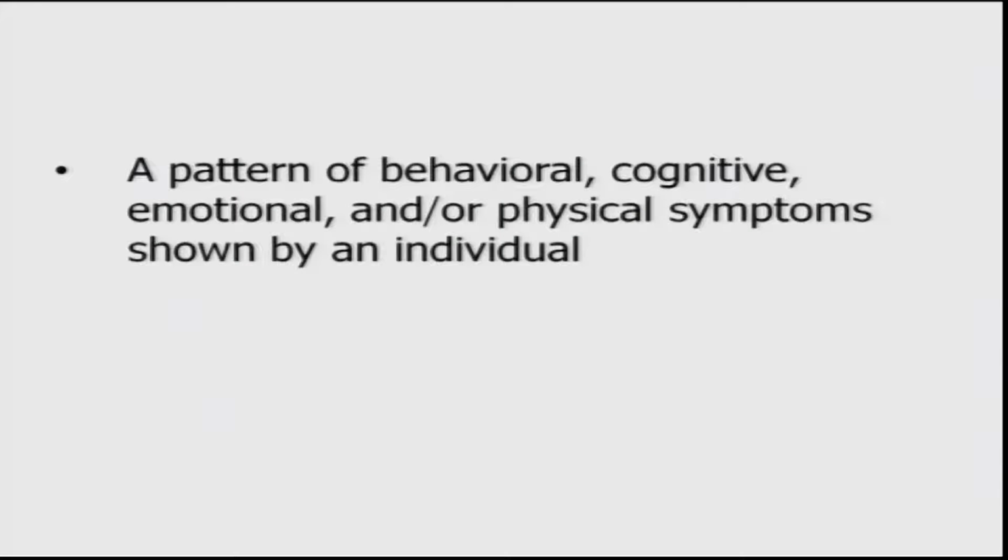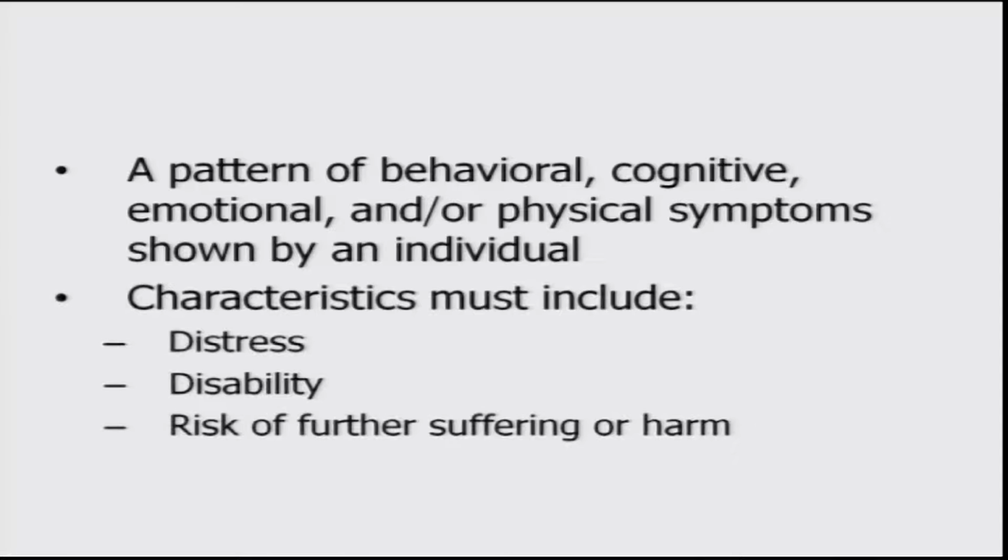So, what is a problem? There is a pattern of behavior, cognition, which is thinking, judgment, attention, emotional or physical symptoms shown by an individual. The characteristic must include distress, disability, risk of further suffering.